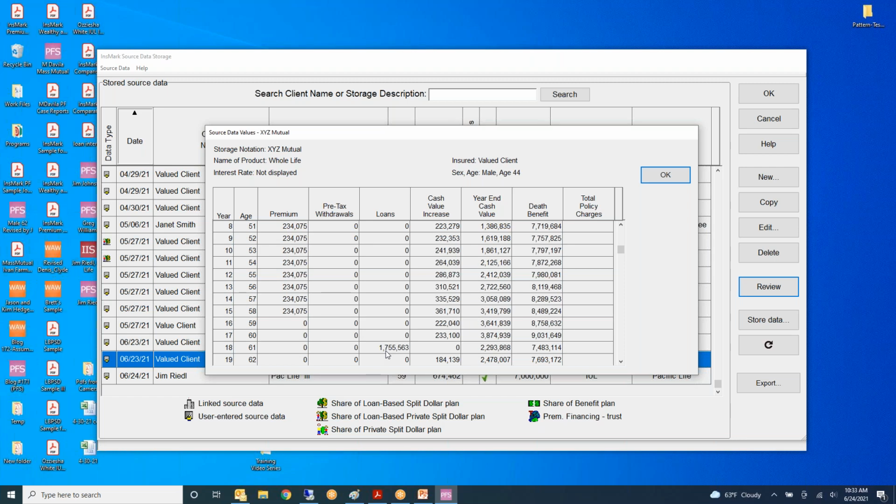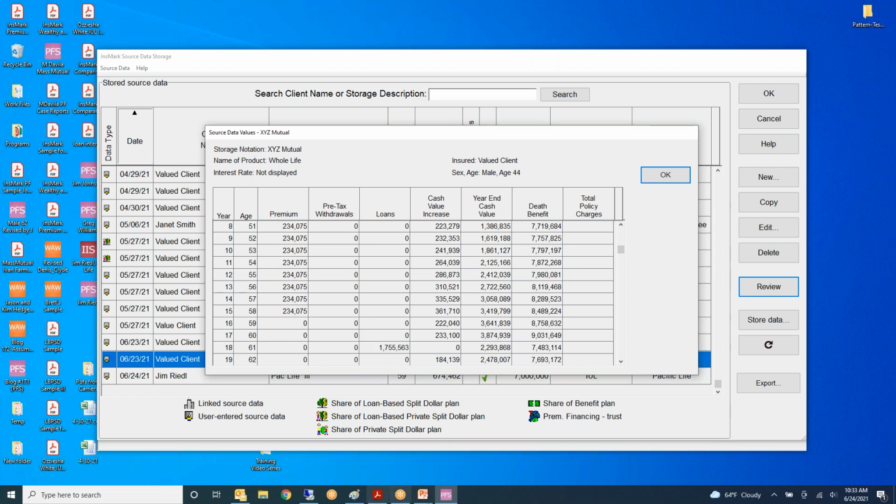And the reason we split the payment, half with the money coming out of the policy and half from the insured's own funds, is because this policy does not have the ability to support the entire 3.5 million loan in year 18.